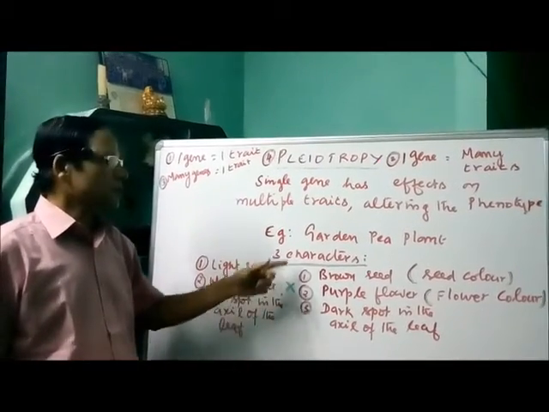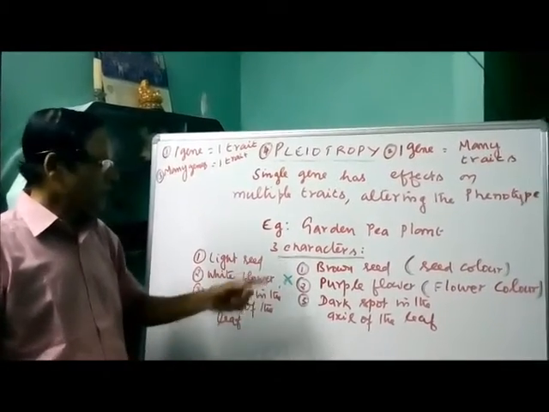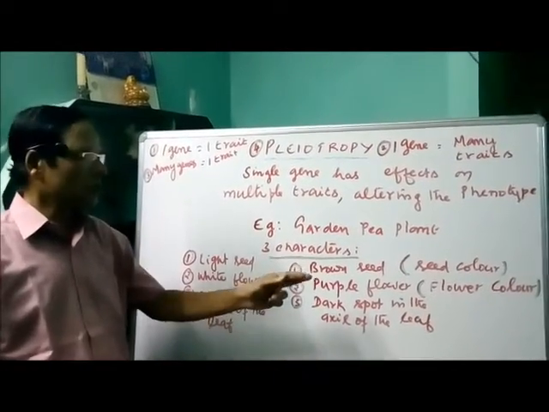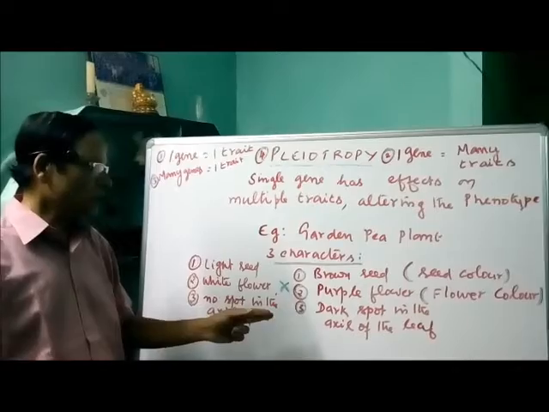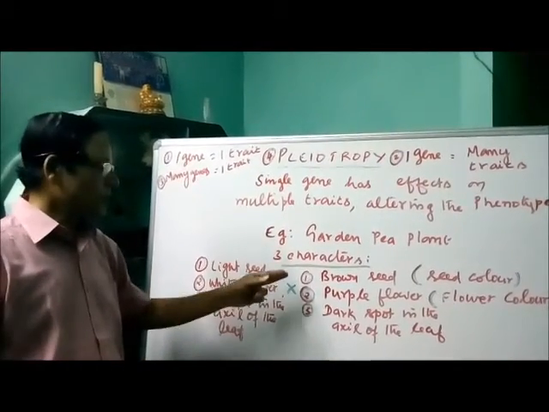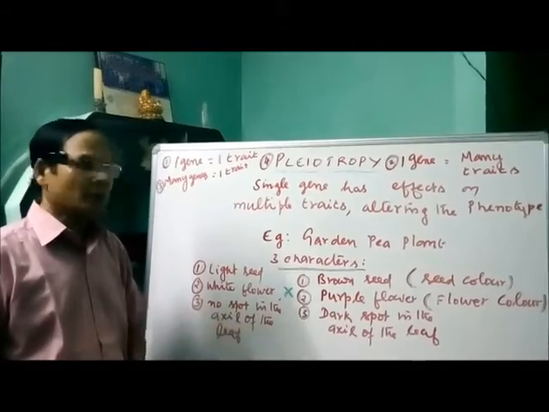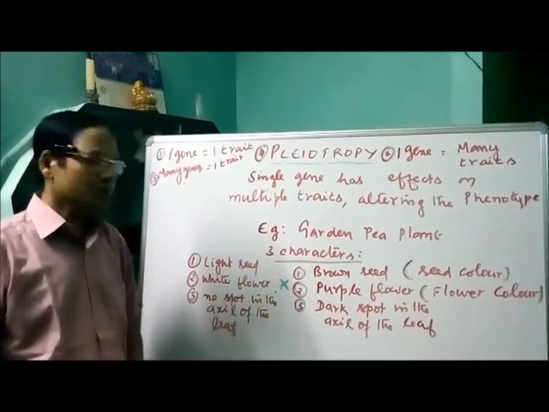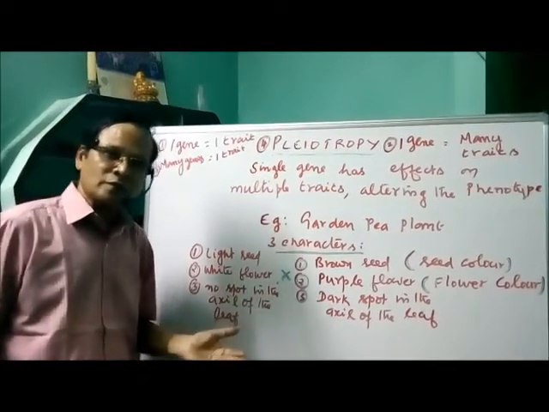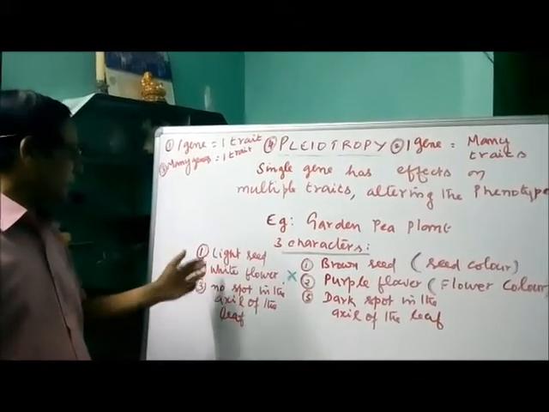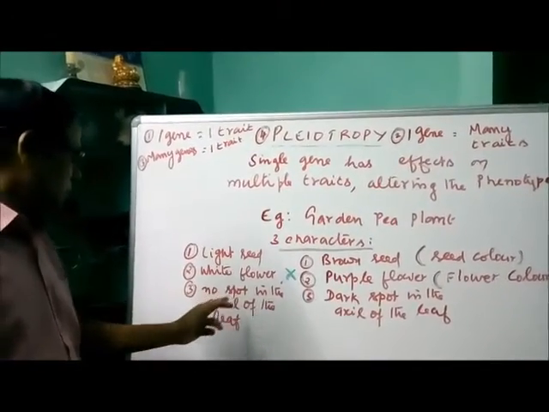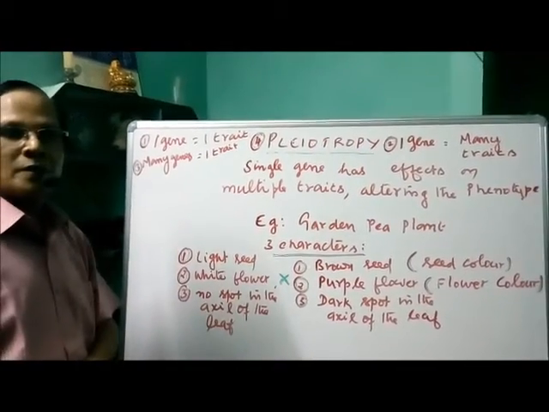Now he observed three characters in the garden pea plant: one, the seed color; another, the flower color; and the third, a spot in the axil of the leaf. He took one plant variety with brown seed, purple flower, and dark spot. It was crossed with a variety of pea having light seed, white flower, and no spot in the axil of the leaf.